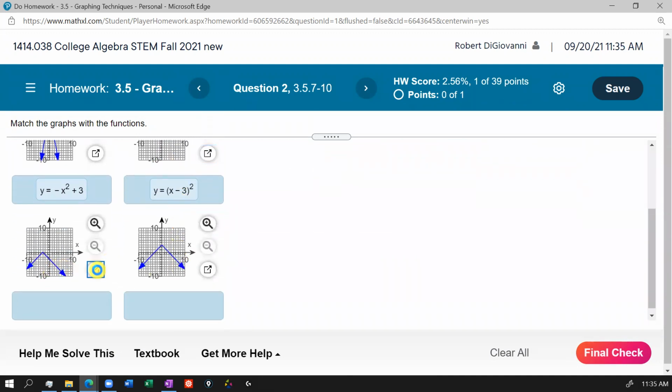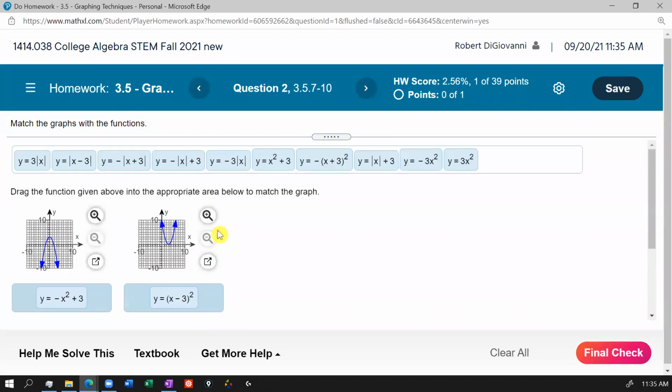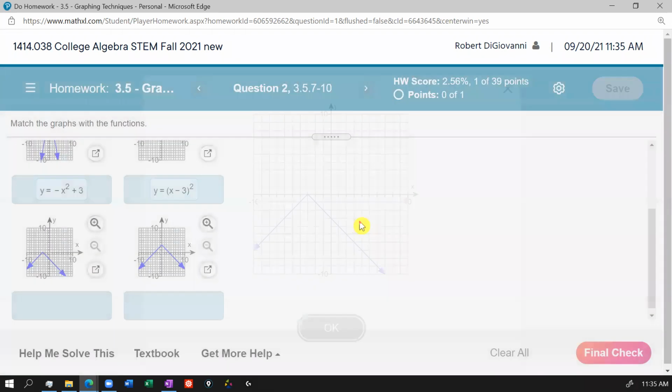Okay, this one is absolute value. It's been moved 1, 2, 3 to the left and flipped over. So I should have a negative in front of it and 3 to the left. Flipped over, 3 to the left. What is it? Hold on.